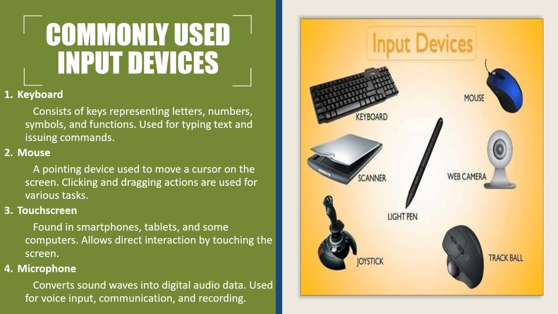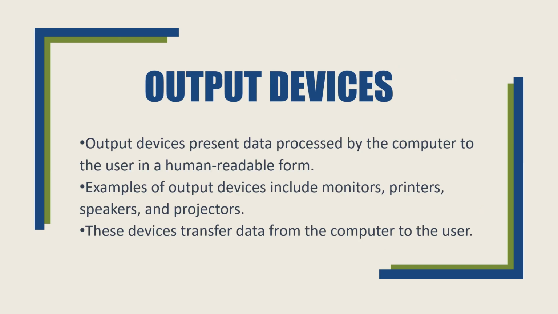Light pen, joystick, which is basically used in gaming. Trackball, which is another form of mouse. And a webcam can be used as an input device because it takes your video and inserts it in the computer.